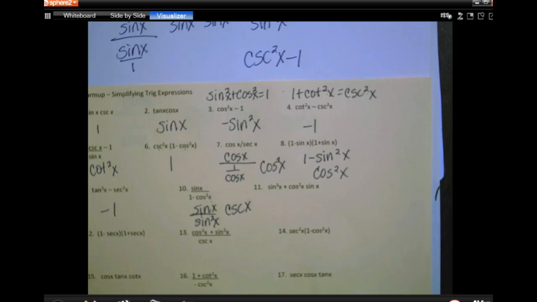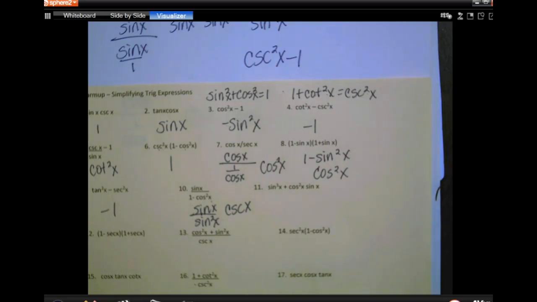Okay, so number 11. Okay, so right away, you guys, this doesn't look like anything on your paper, right? So right away, I know I need to make this look like something squared.